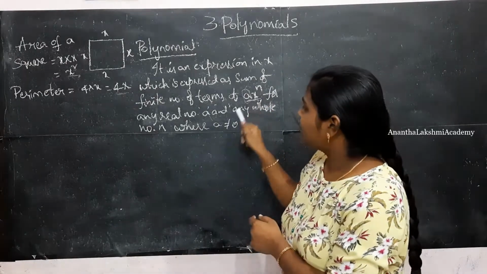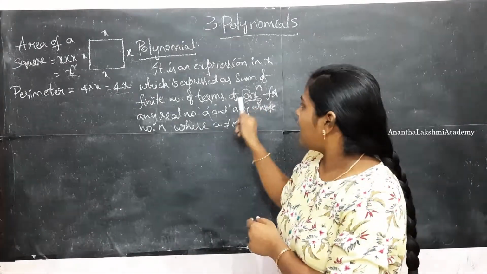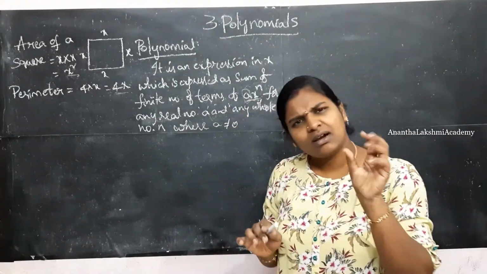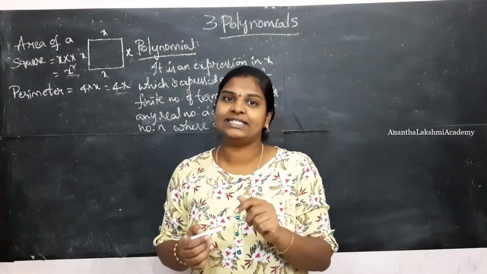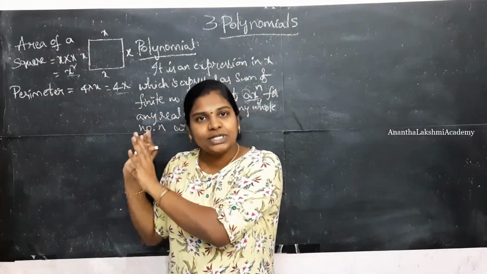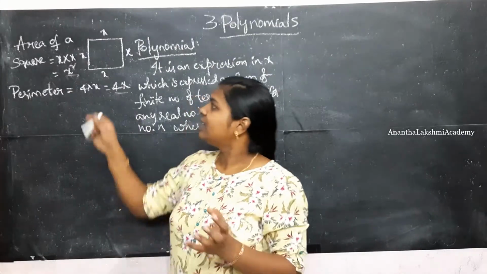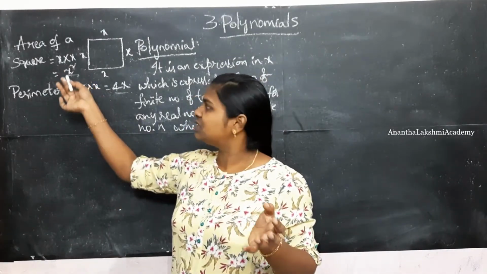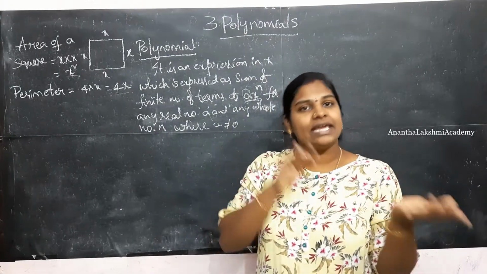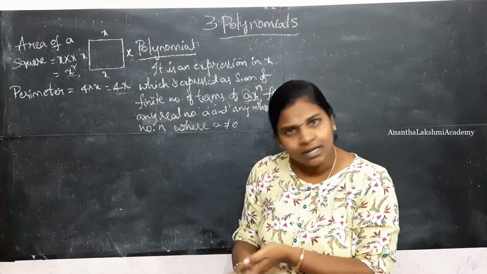A cannot be 0, and n can begin with 0, since a whole number begins with 0. The definition is quite simple. Whatever example we considered, we are trying to put it in decent words: an expression in terms of x of the form a into x power n, where a is not equal to 0 and can be any real number, and n can be any whole number.